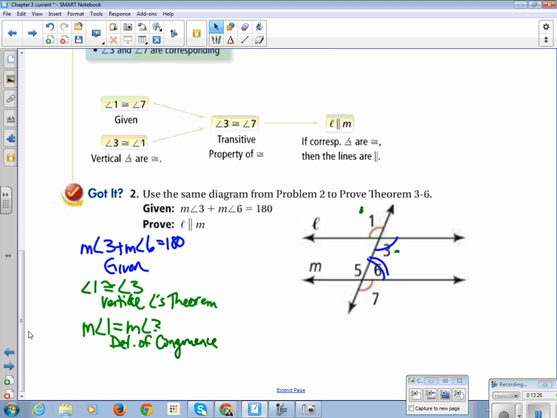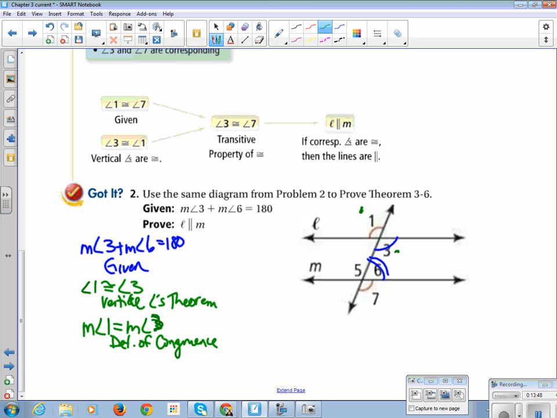All right, so we're given that the measure of angle 3 plus the measure of angle 6 is equal to 180. We know that angle 1 is congruent to angle 3 by vertical angles. We talked about vertical angles at the beginning. Then I can say the measure of angle 1 is equal to the measure of angle 3.